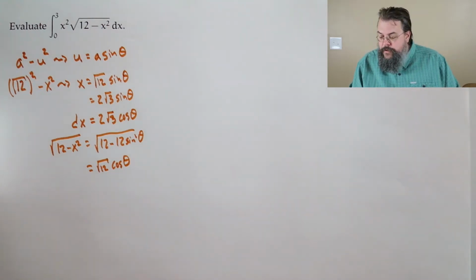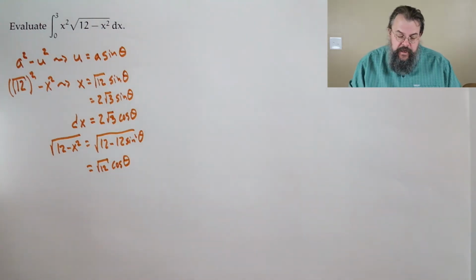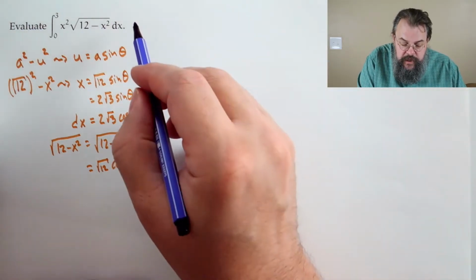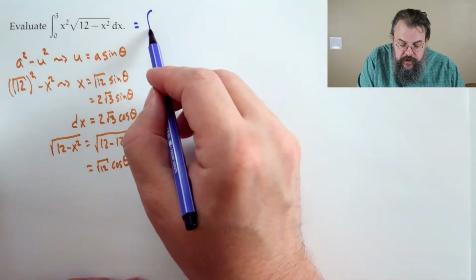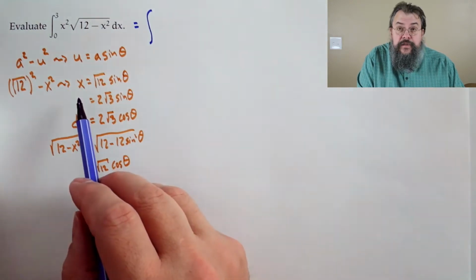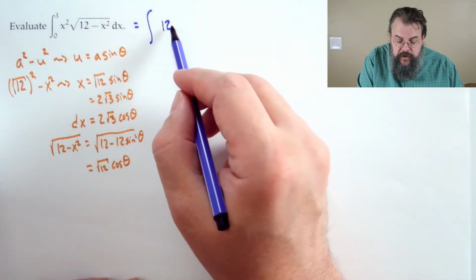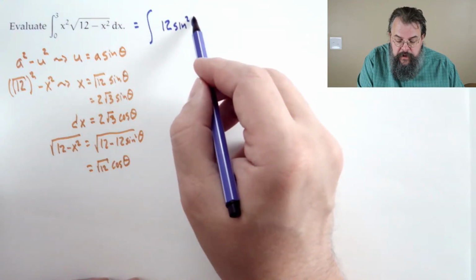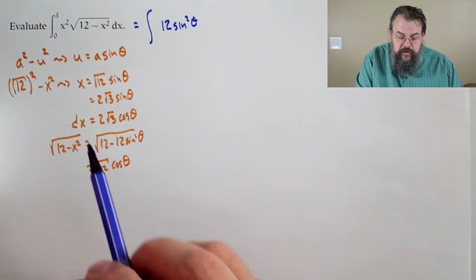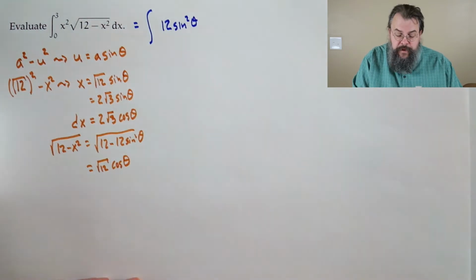Well, what do we get? Okay, this will become the integral x squared. So square that would be 12 sine squared. Square root of 12 minus x squared.